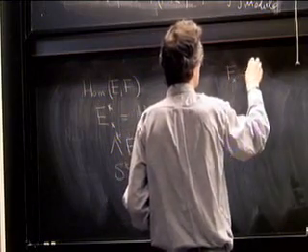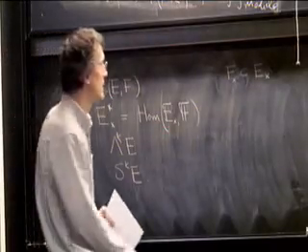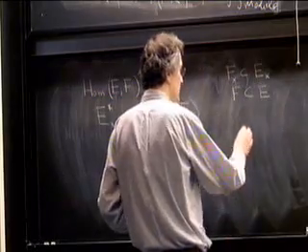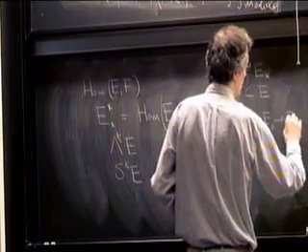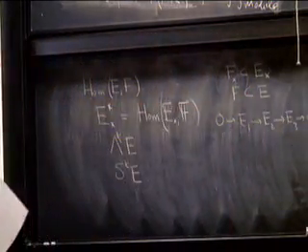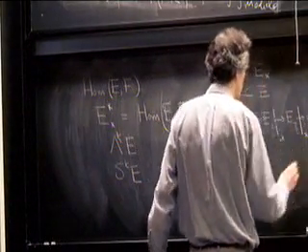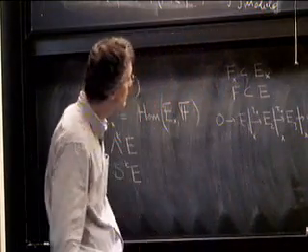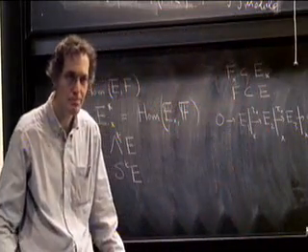If at every point F_x is a subspace of E_x, then we say that F is a subbundle of E. Similarly, we can talk about exact sequences of vector bundles. An exact sequence of vector bundles means that we have, at every x, these vector spaces with some linear transformations, iota_x and pi_x, such that the sequence is exact.